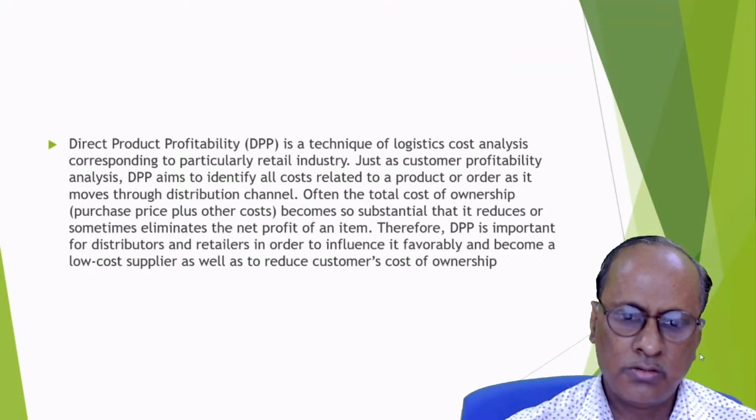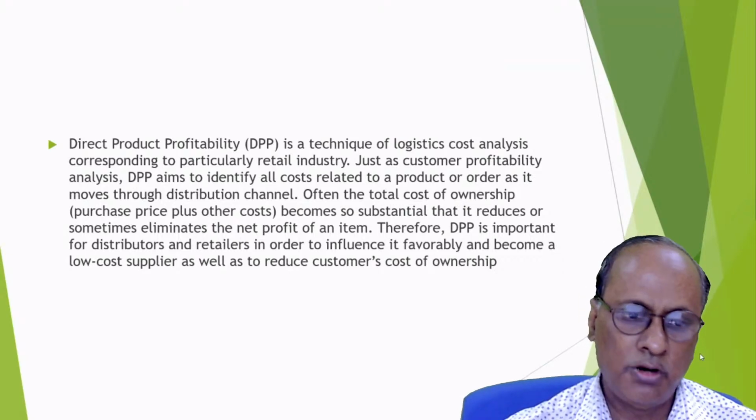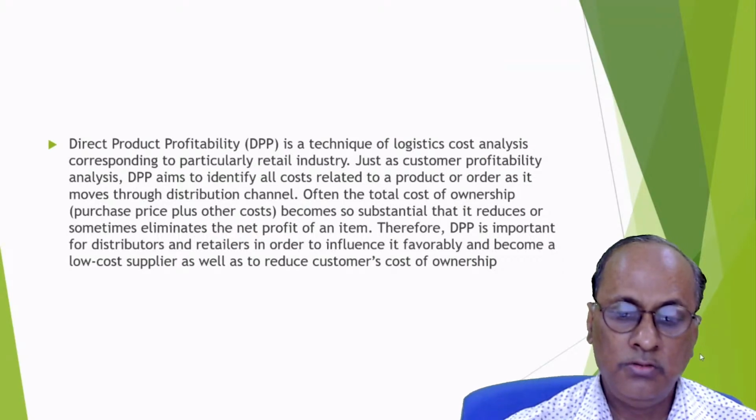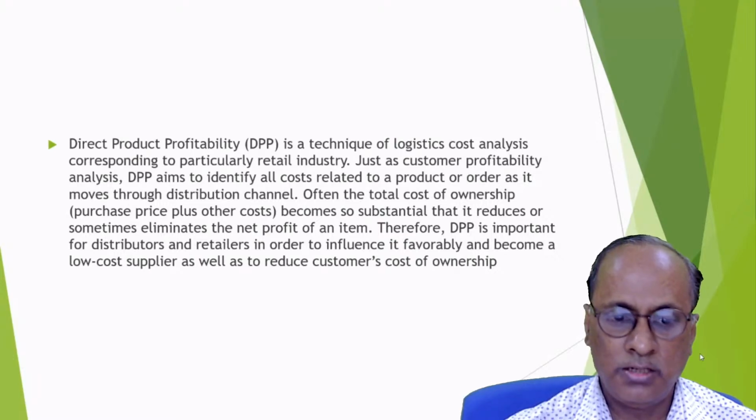Often the total cost of ownership becomes so substantial that it reduces or sometimes eliminates the net profit of an item. Therefore, DPP is important for distributors and retailers in order to influence it favorably and become a low-cost supplier as well as reduce customer cost of ownership.